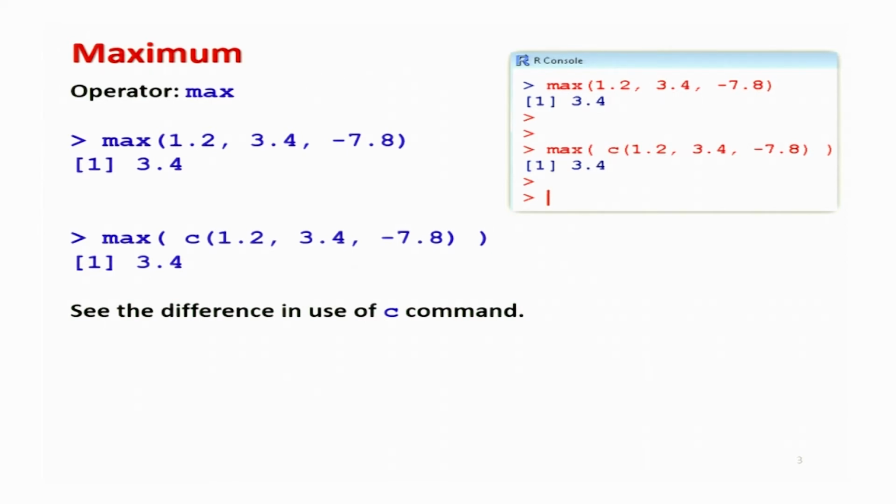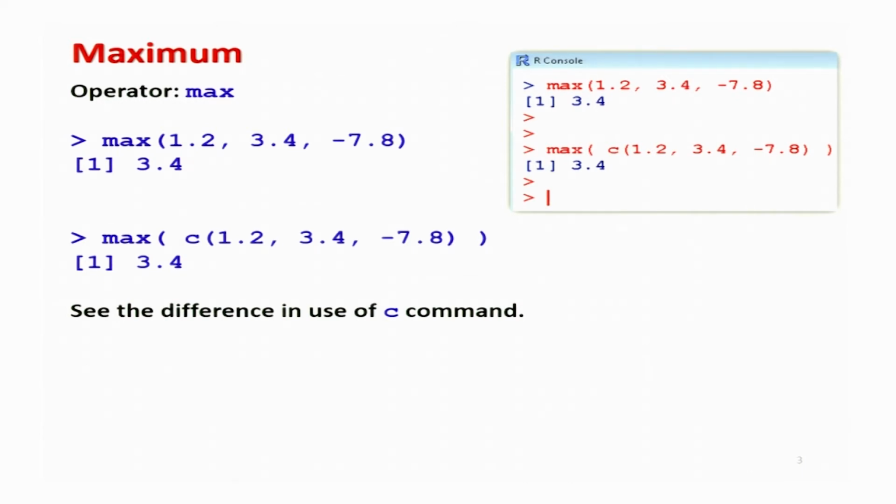Suppose you want to find out the maximum value among some given values. Your first option is that you write down a program yourself, or the alternative is that you can use a built-in program.